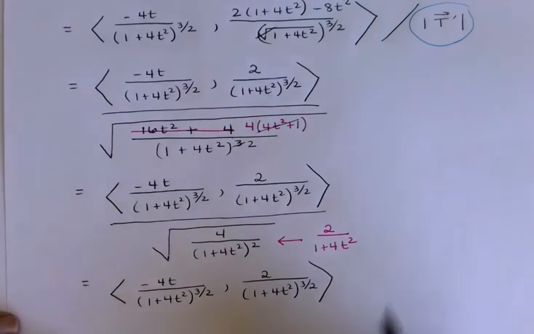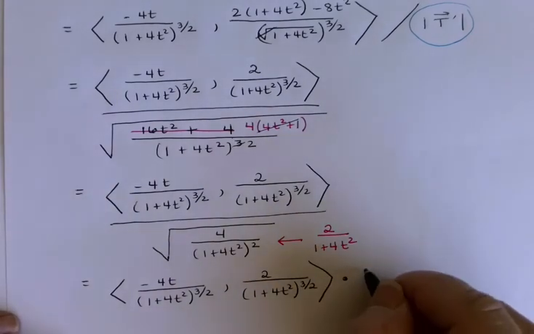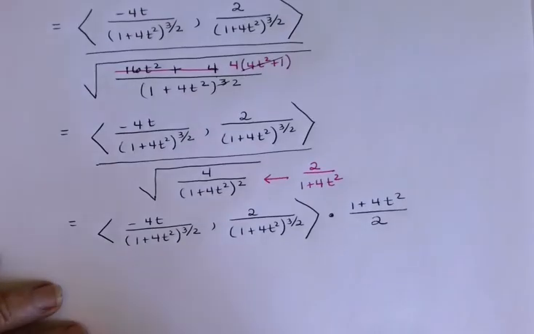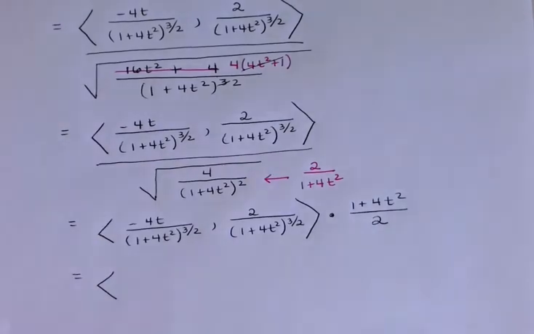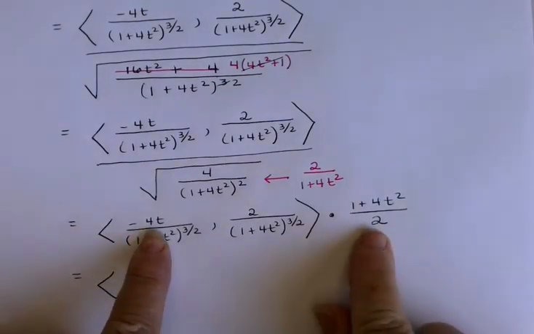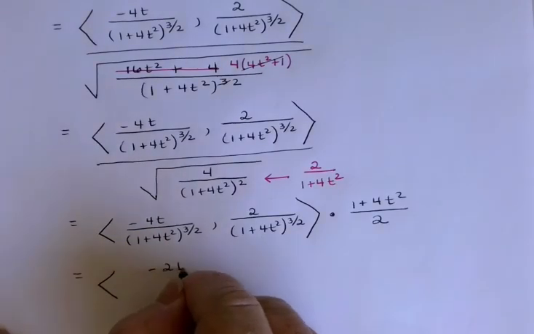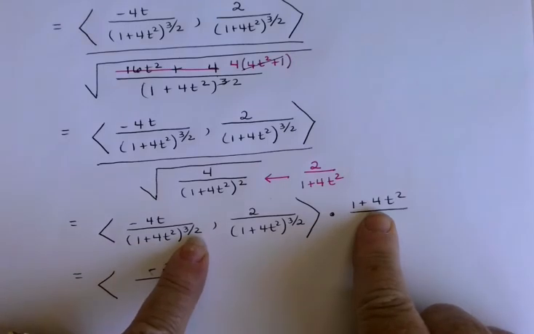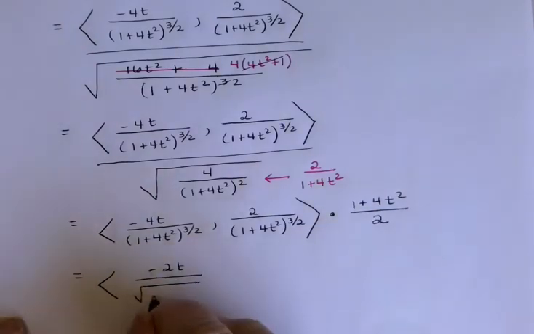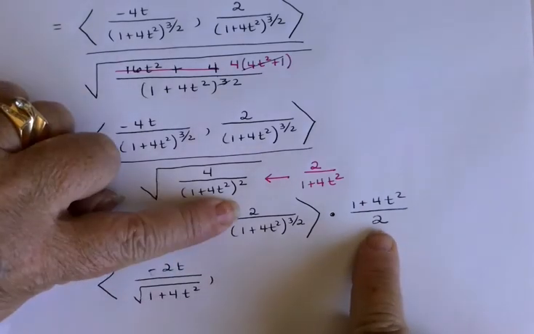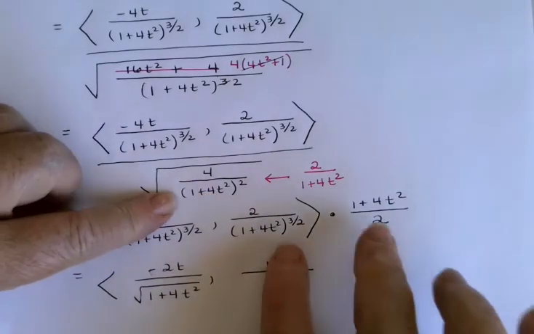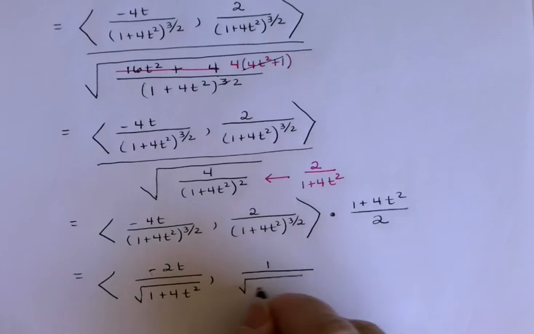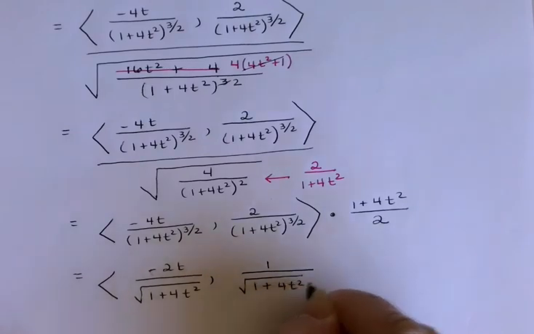And since that's in the denominator, I'm going to write it as times the reciprocal. And now let's see what we've got. That's going to become a negative 2t. And I'm dividing out a first power, so I'll just have that to the 1/2 power, or in other words, the square root of 1 plus 4t squared. Here, that becomes a 1 in the numerator. And same deal in the denominator, I'm just left with a 1/2 power, or the square root of 1 plus 4t squared.